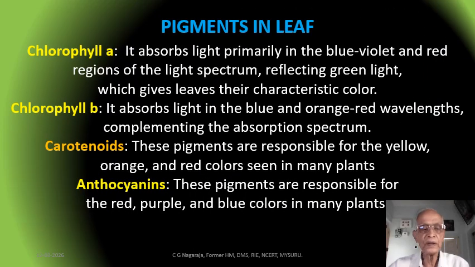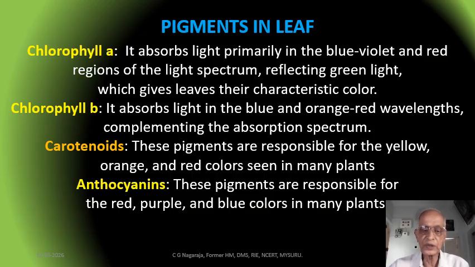A leaf looks green because it contains many pigments, of which chlorophyll A is one, and chlorophyll B. These two absorb all the light from the seven colors of the sunlight and reflect only green. That's why it looks green. As the leaves become aged, the coloration changes.